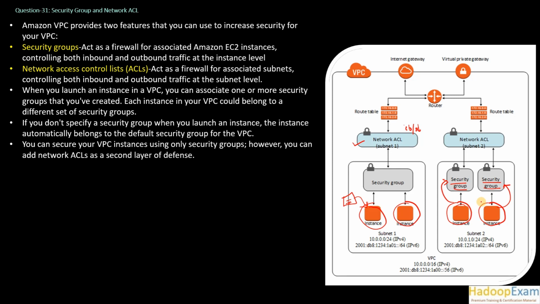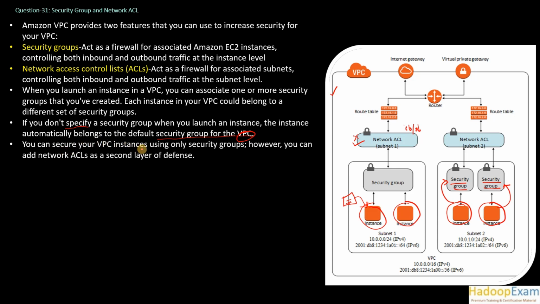If you don't specify a security group when you launch an instance, the instance automatically belongs to the default security group defined at the VPC level. Those are attached automatically to the instance.